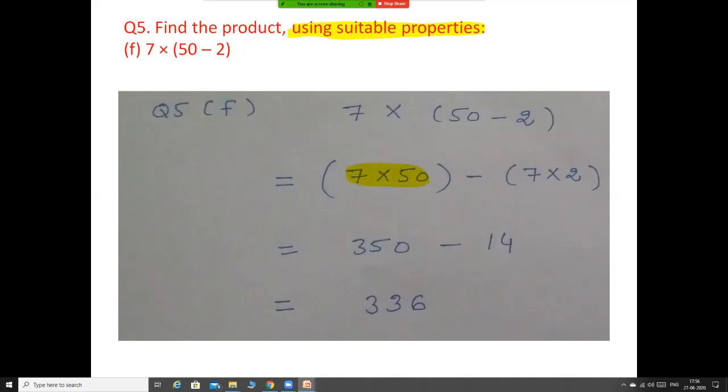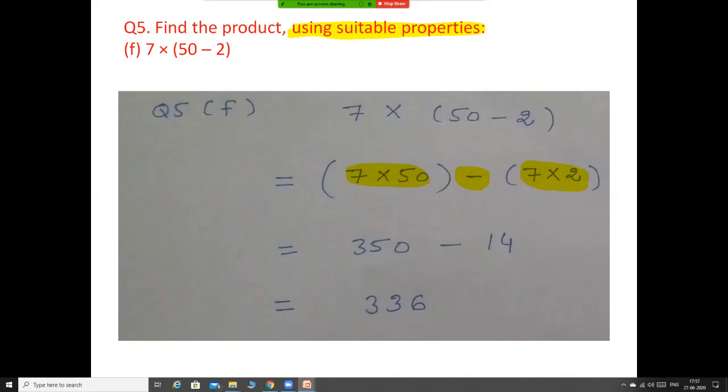And what is the second bracket? Before the second bracket, we put this minus sign here. This is very important, which signs should come. Okay, very important. Now we are going to multiply with this 2. 7 is multiplied with 2.